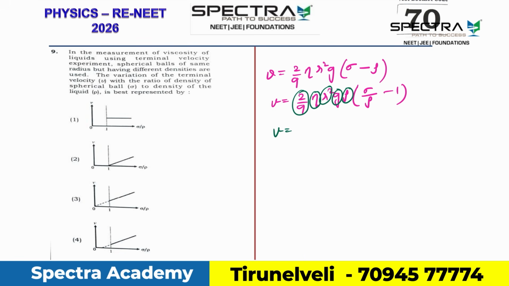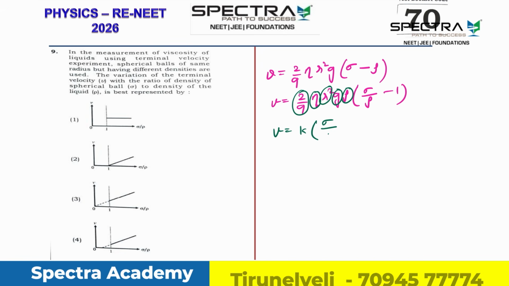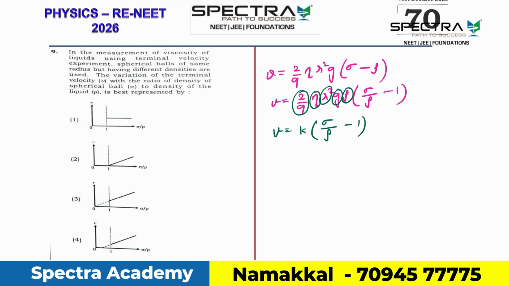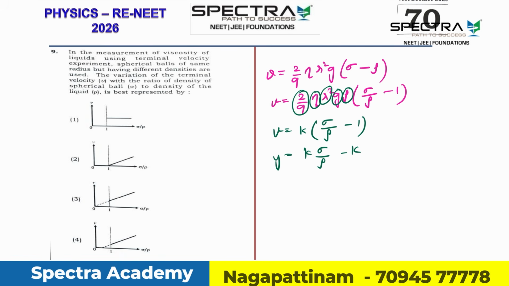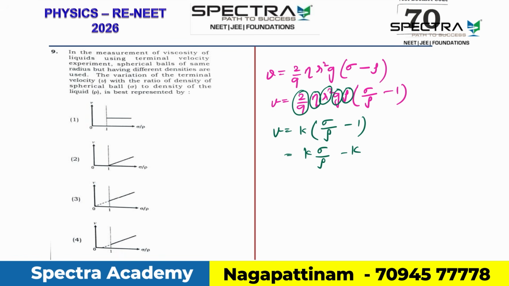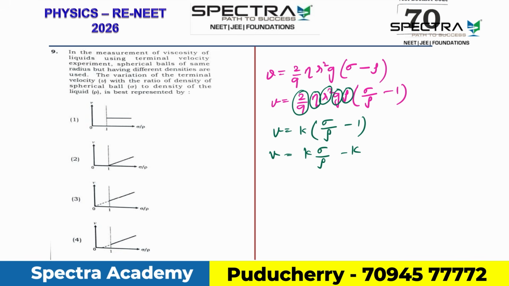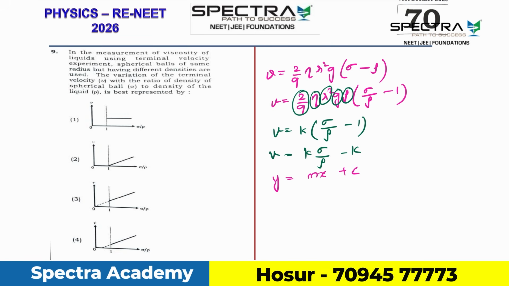So V is equal to K into sigma by rho minus 1, which is K sigma by rho minus K. V is equal to K sigma by rho minus K, which is of the form y is equal to what, students? mx plus c, right?